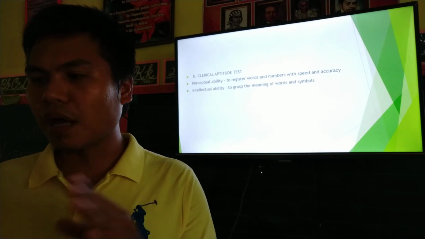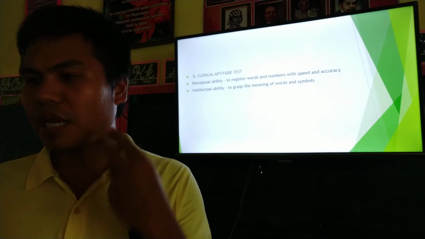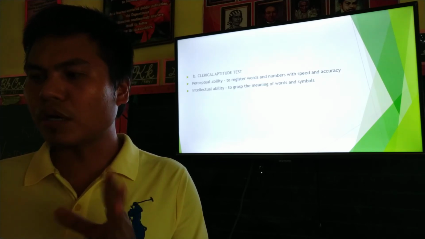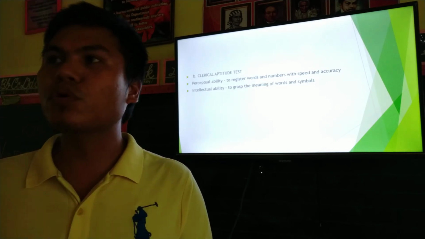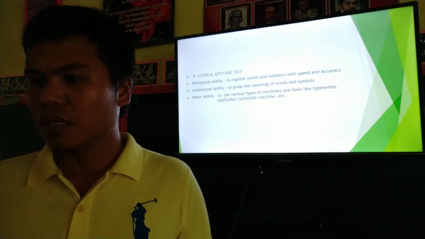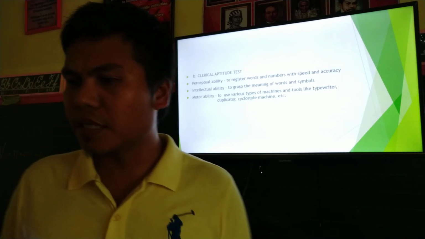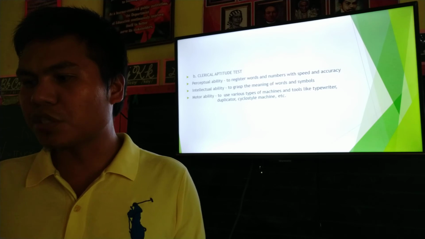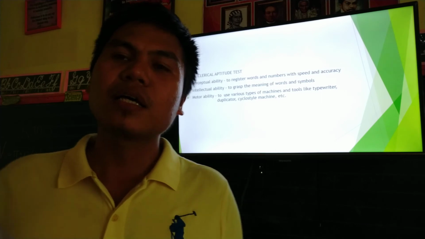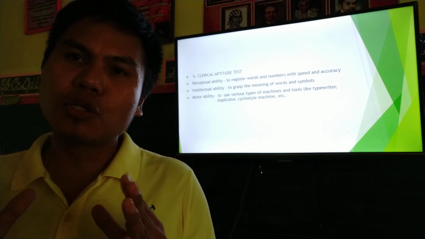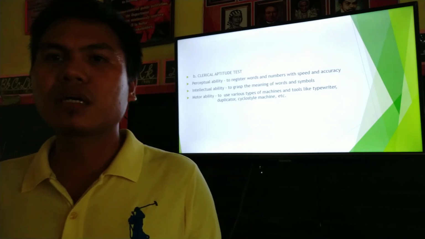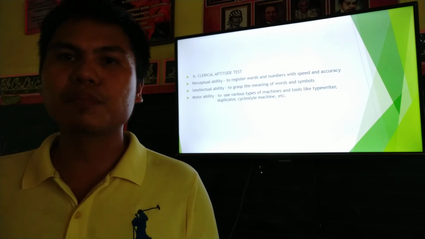In this intellectual ability, you are being tested under this clerical aptitude on how fast you are to grasp the meaning of words and symbols. Next, motor ability. This motor ability is the use of various types of machines and tools like typewriter, duplicator, cyclostyle machine, and etc. Meaning to say, your manipulative skills are being tested under the clerical aptitude test under motor ability.